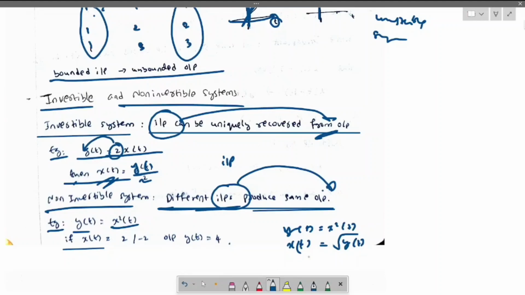Suppose y of t is 4, then the square root of 4 is plus 2 or minus 2. See, we are getting multiple input values for a single output value. So we can't recover the exact input from the given output. That's why it is a non-invertible system.